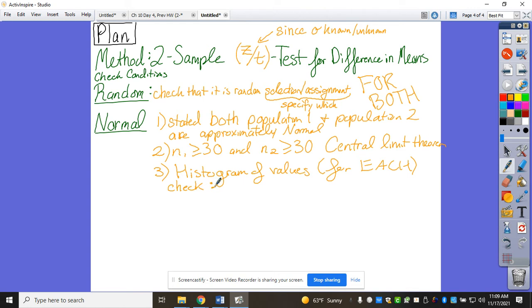And the 2 things that you're checking for: no strong skew, no extreme outliers. And then regardless, I end with, so we can use normal approximation.